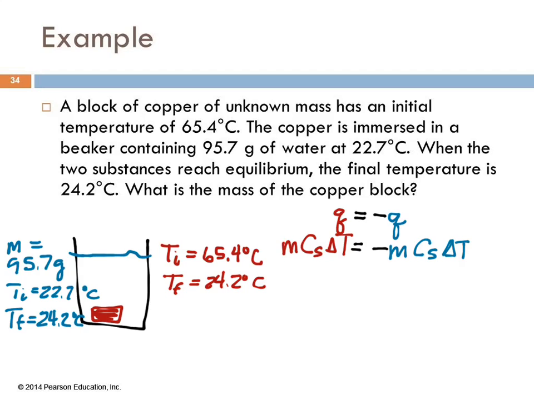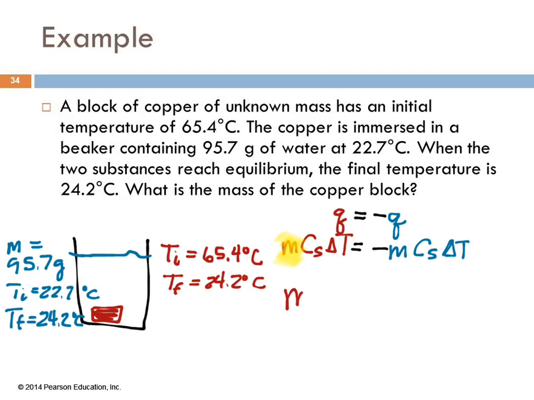What are we trying to find? We're trying to find the mass of what? The mass of the copper. So this is the guy we're looking for. So what we can do is we can take this equation and rearrange it.